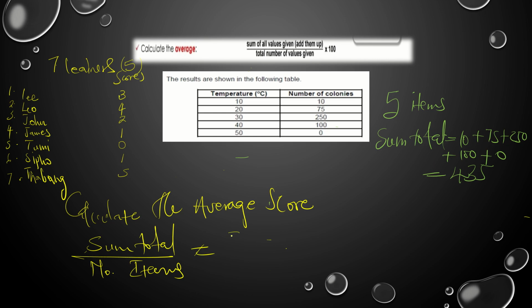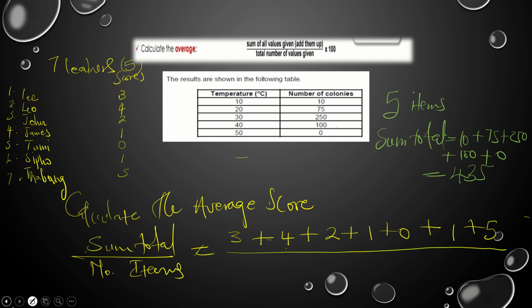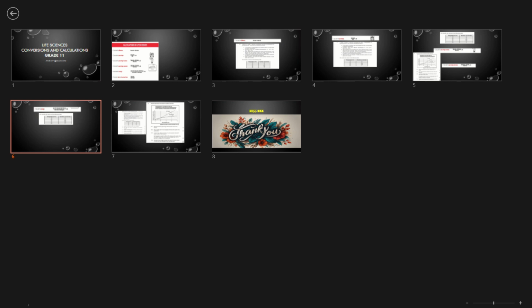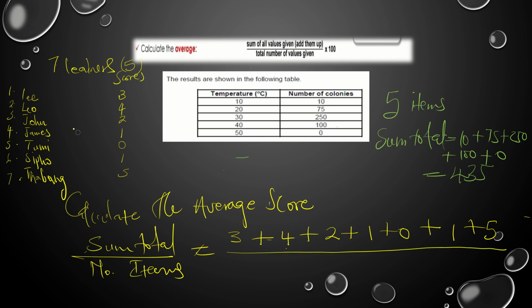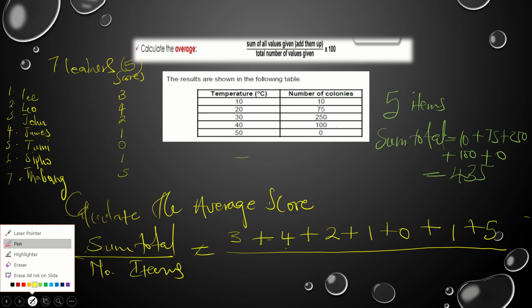We say 3 plus 4 plus 2 plus 1 plus 0 plus 1 plus 5. So what are we going to divide by? Let's count our numerator.